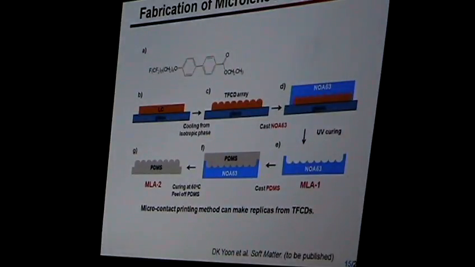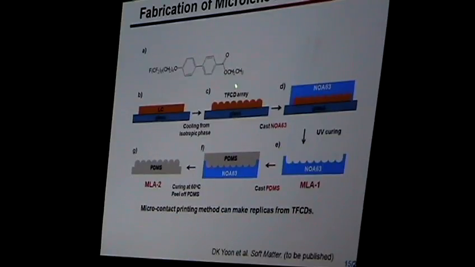And we thought at the time, how can we use this kind of structure in a real application? So we thought this could be a good microlens array. Firstly, we made these TFCD arrays, and with UV-curable polymers like NOA 63, we made a replica like this. And by contact microscope printing, we easily made the other replica like this.